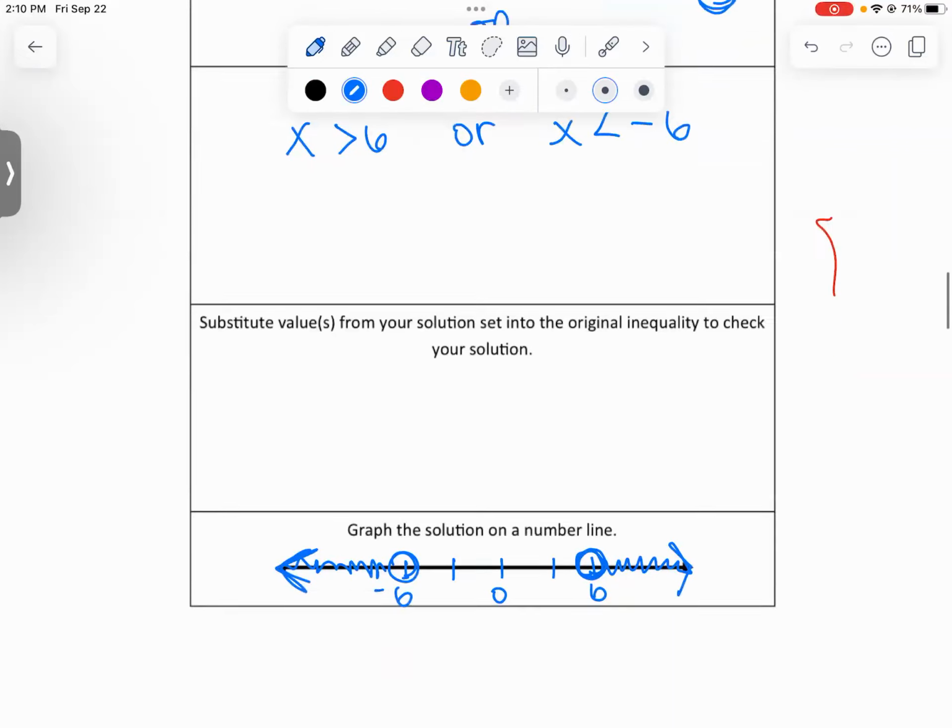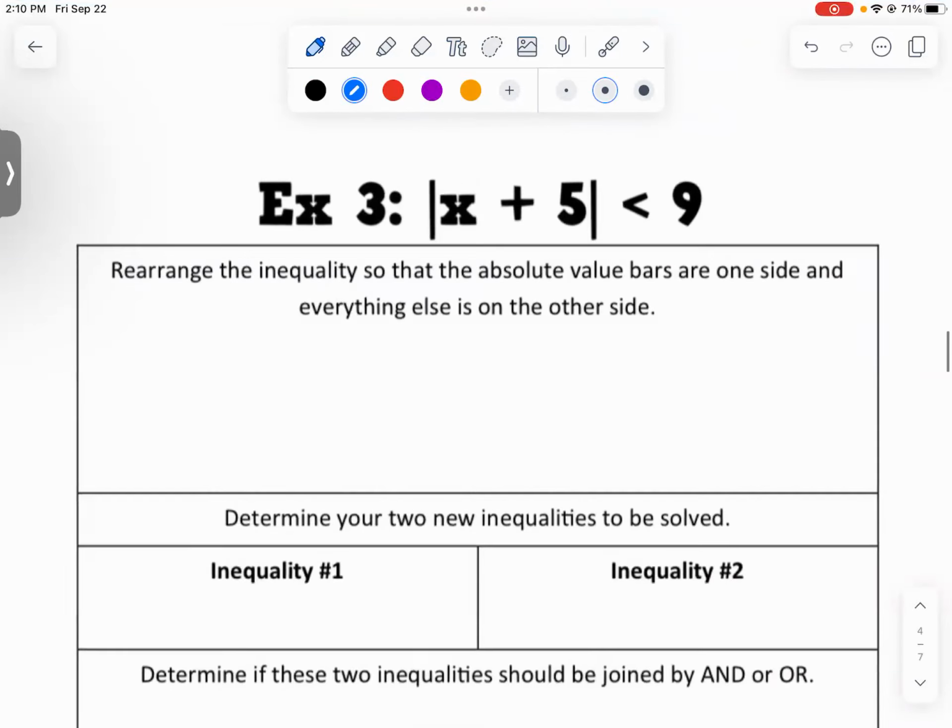Okay. All right. Next one, example 3. Okay. Kyron, are the absolute value bars by itself? Oh, yes. Yes, they are. Okay. So our first step, we actually don't have to do any moving around.